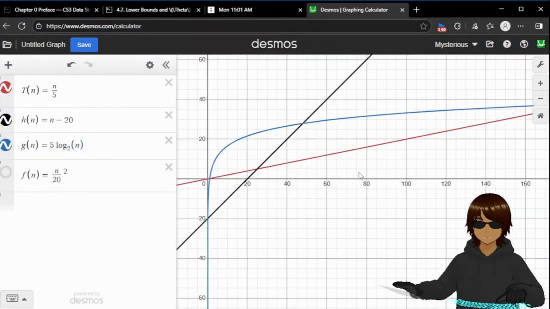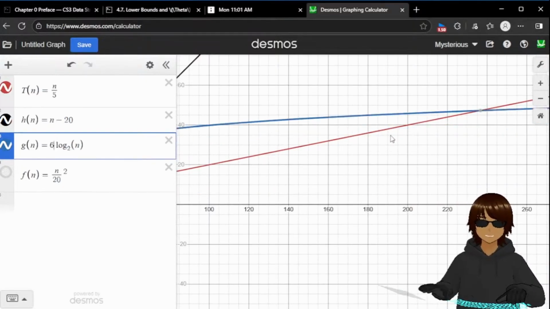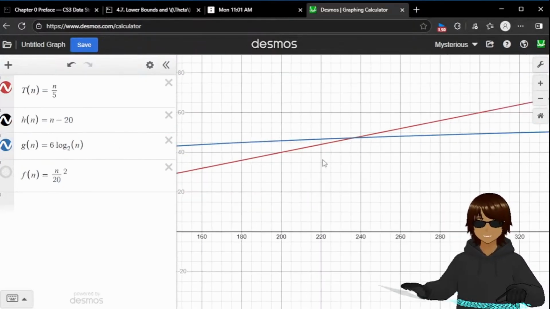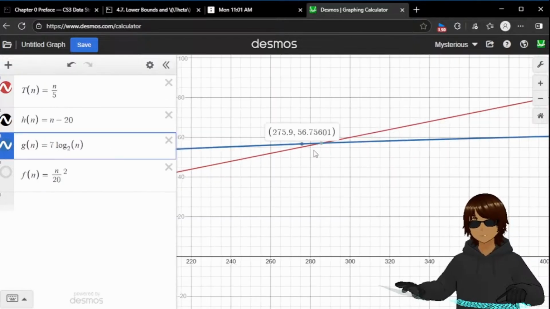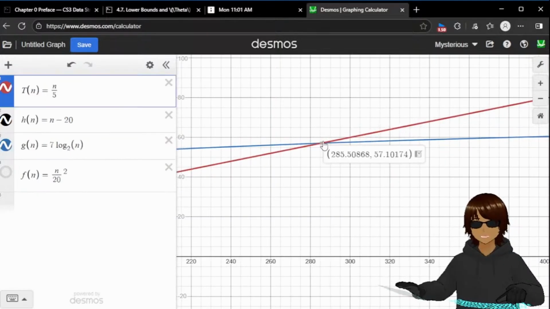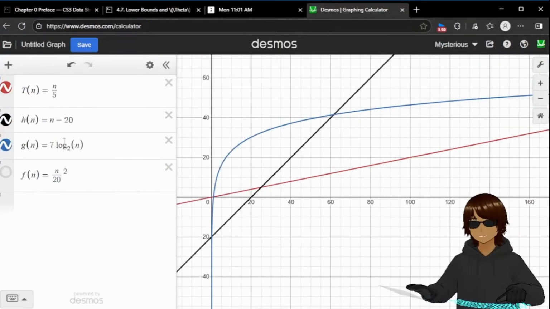For g(n), no matter how much you stretch it, I multiply it by 5, or by 6, or by 7, it will always be below T(n) after some point, for all n after some point.